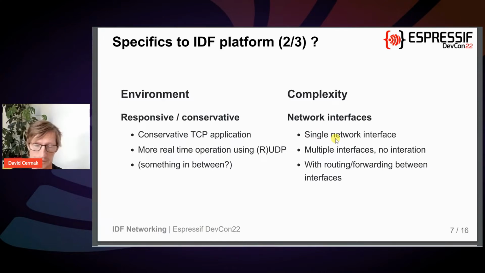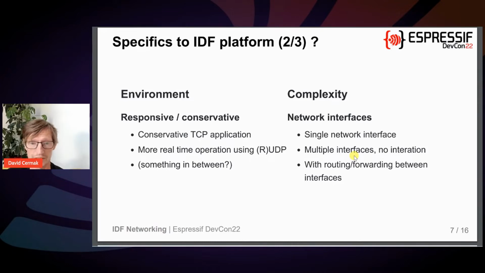As for the complexity in terms of network interfaces, the most typical use case is that we have one single network interface, usually a Wi-Fi station, and we just use that interface only. We could have multiple network interfaces with or without an interaction between them. The typical use case here is that we have Wi-Fi, at the same time an Ethernet connection, and at the same time a cellular network connection.